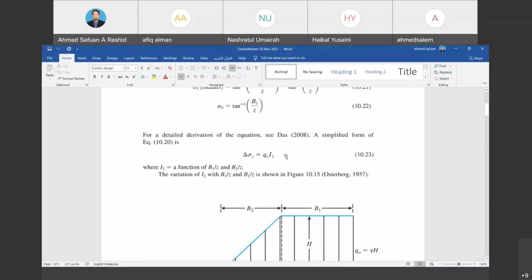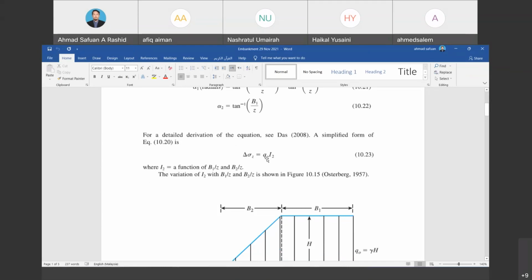If you want more explanation on how to derive the equation, you may look at Das 2008, the Advanced Soil Mechanics book. I have the book, so I can share the Das book with you. A simplified form of the equation will become like this.